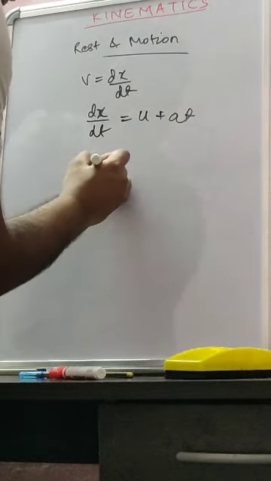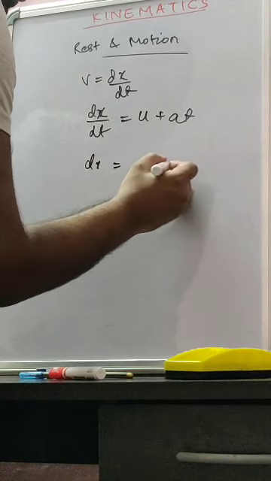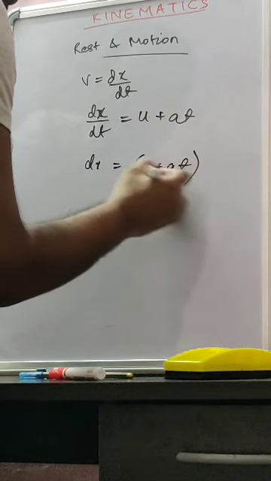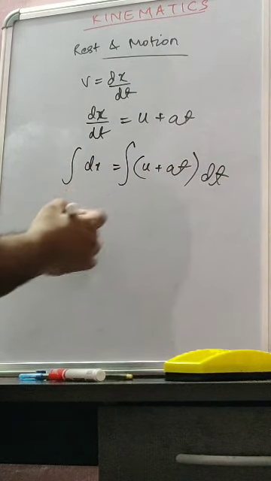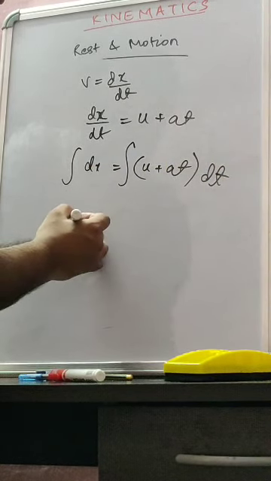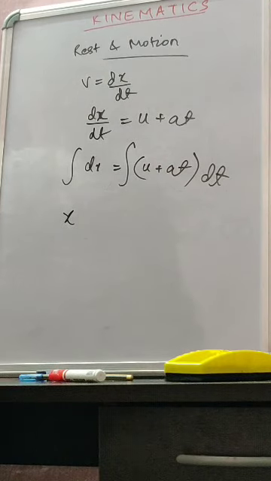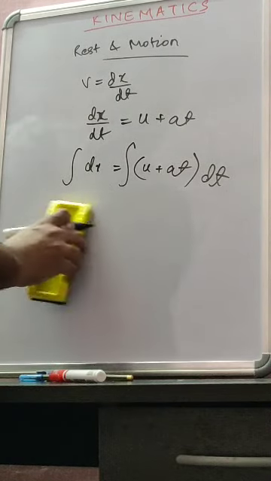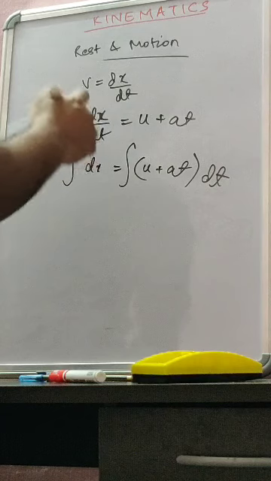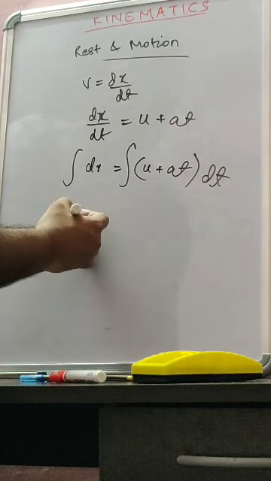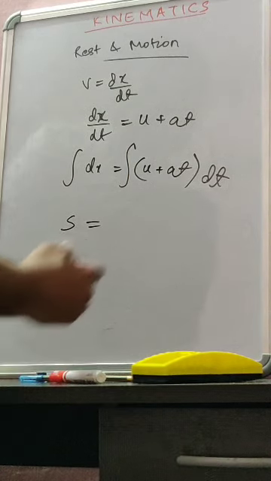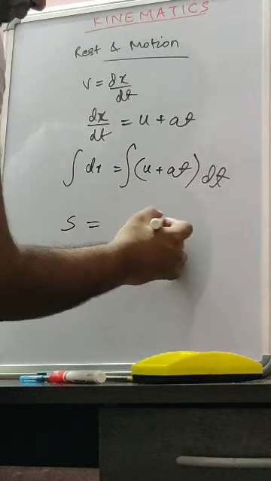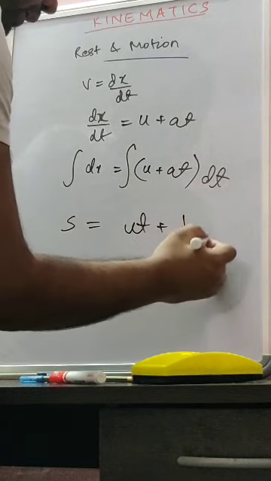So dx is equal to u plus at into dt. We will integrate here. This becomes s, the distance travelled, since we are talking about speed here. This is ut plus half at square.